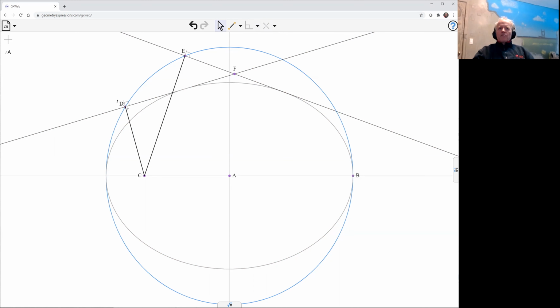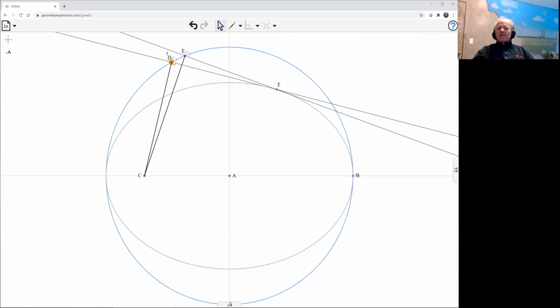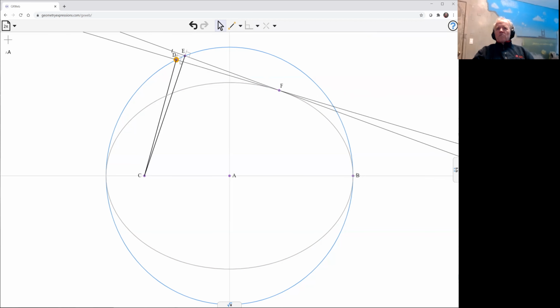However, if we let the line D come closer and closer to E, and in fact, eventually in the limit become the same point, then F gets closer and closer, and in the limit lies on the ellipse.